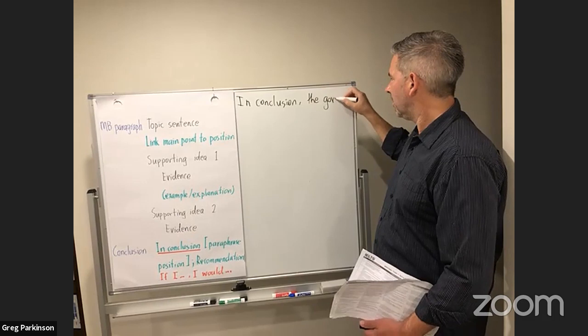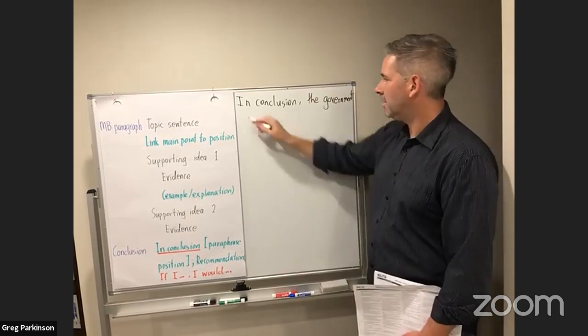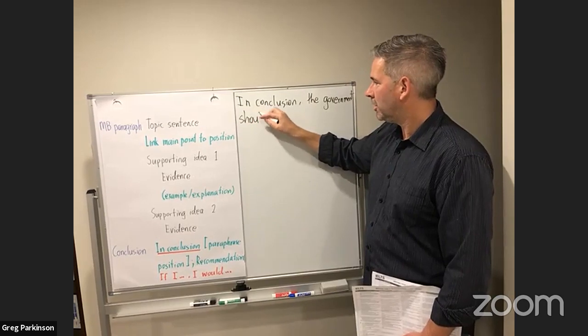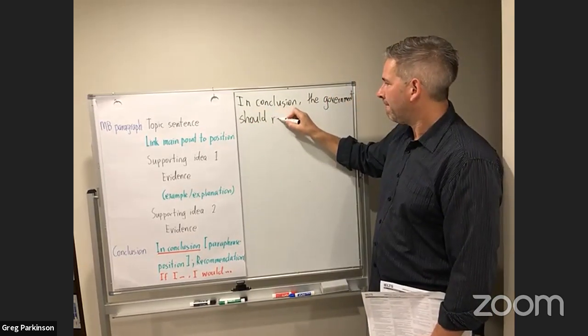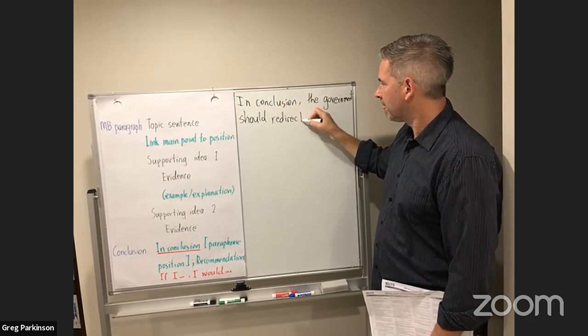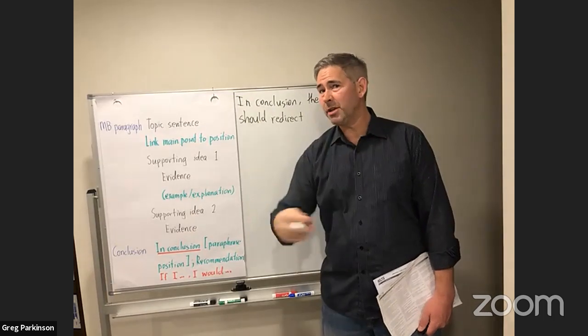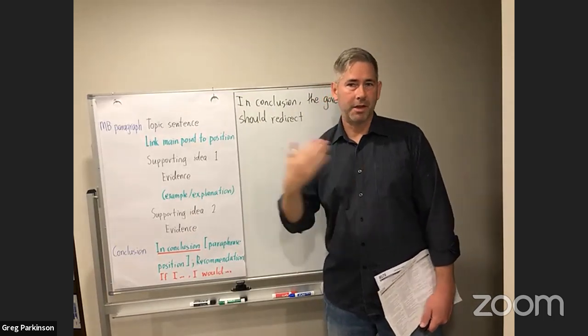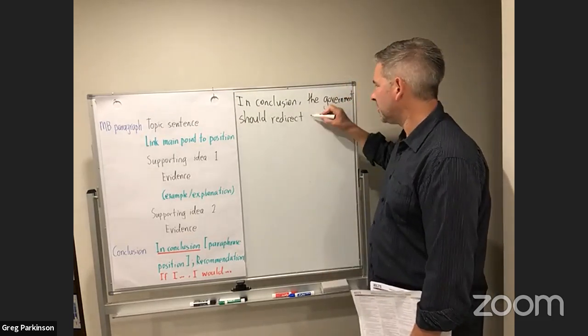Now I'm going to say the government should redirect funds, or I might talk about the budget as another way of saying money which the government uses. Let's just talk.